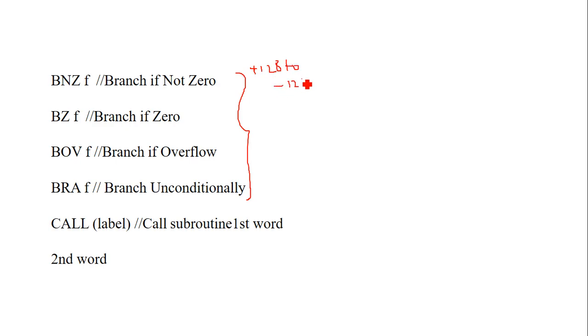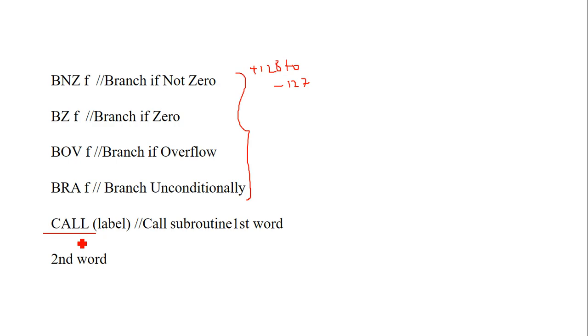If you want to jump beyond this value, you have to use call with goto. Once again, these branch instructions have a limitation. They will branch only within the range of plus 128 to minus 127. If you want to go beyond that, you have to use the call instruction, which gives you up to 2096 with the use of goto.